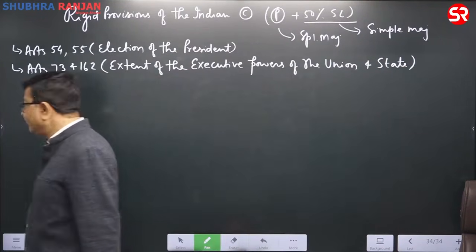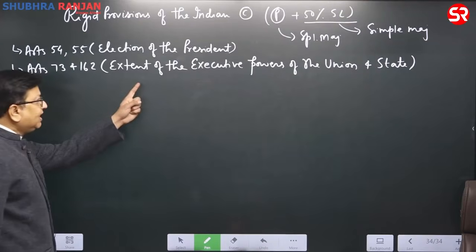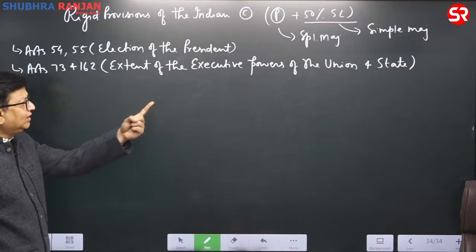Article 73 and 162 dealing with extent of the executive powers of the union and the state.